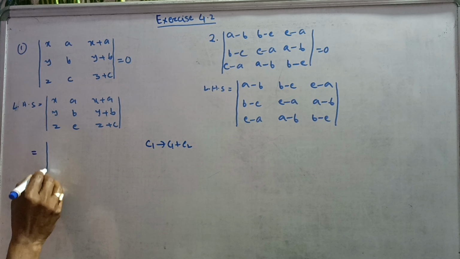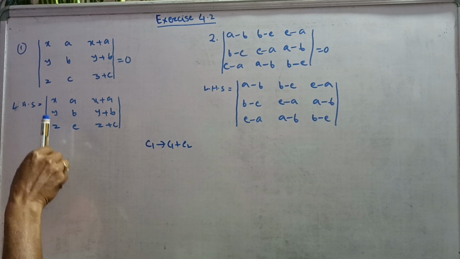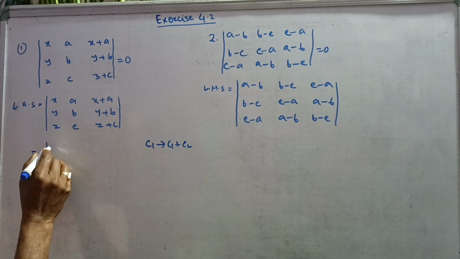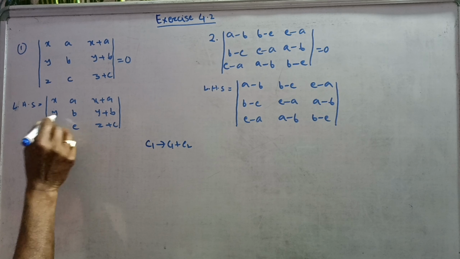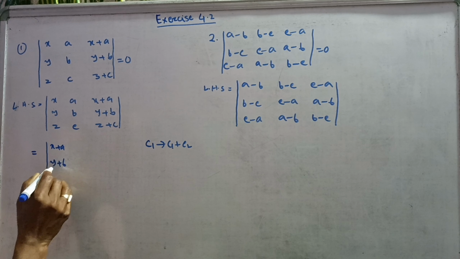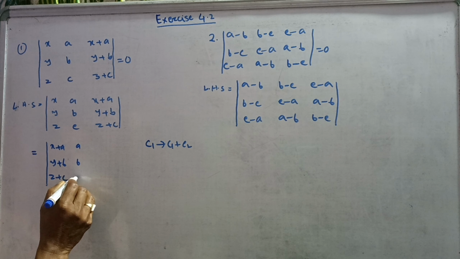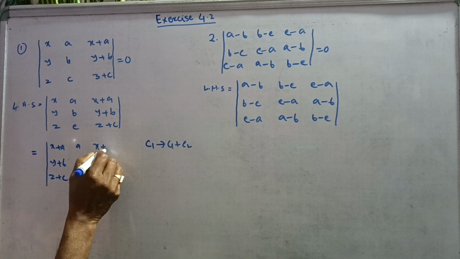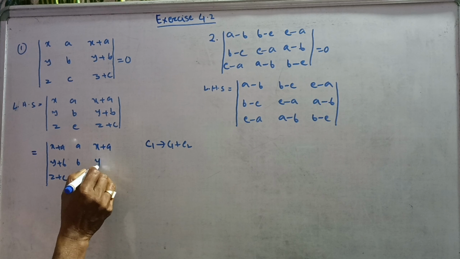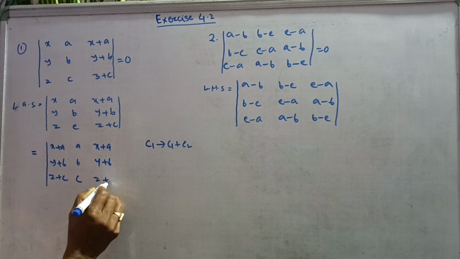Then C1 becomes x plus a, y plus b, z plus c, and the second column and third column remain the same, y plus b, z plus c.